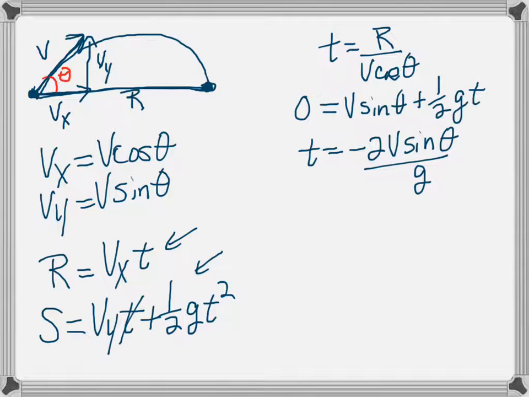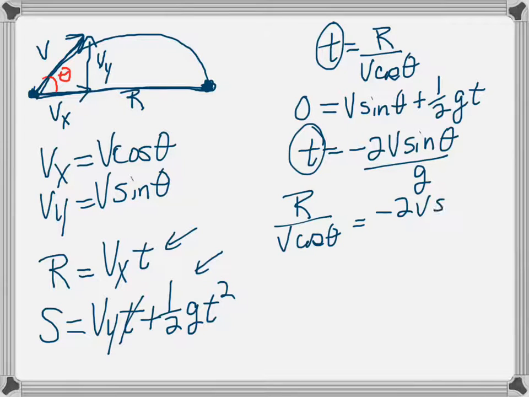So now I have a t for the horizontal and a t for the vertical, and of course those t's have to be the exact same time that it takes to get to this endpoint. So I'm going to set those equal: range over v cosine of theta equals minus 2v sine of theta over g. And I want to solve for range.